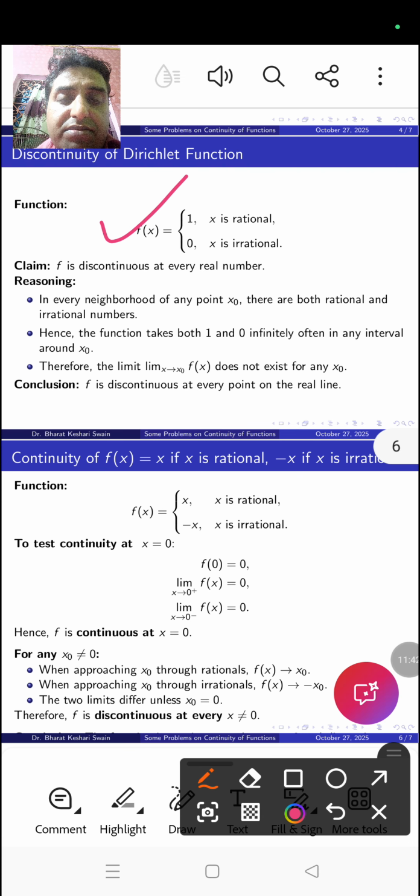That is how the function is defined, and we have to check whether it is continuous or discontinuous.